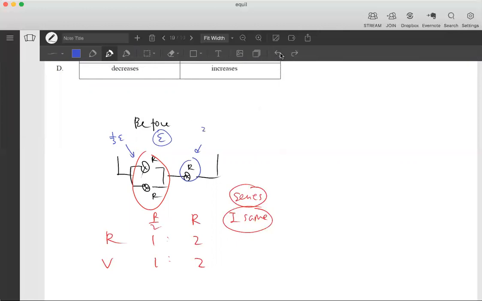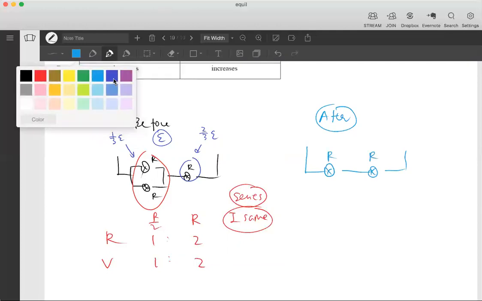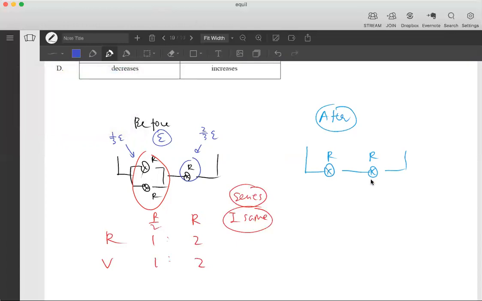Now let's have a look at it when N breaks. After N breaks, there is a dramatic change in the circuit. Now we just have the top two resistances, so this is R, this is R. The first thing you realize when N breaks is that the total current is changing.